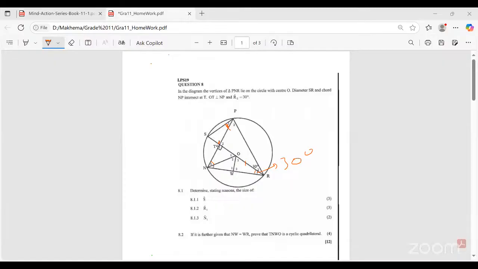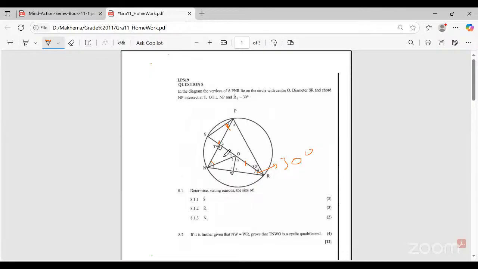Okay, so to save time, guys, we can go to the diagram. I said to you, this is angle O1. It's the angle at the center. This is the center of the circle. That is 60. The angle at the circumference, so this angle here, what is this? You said it's 60.